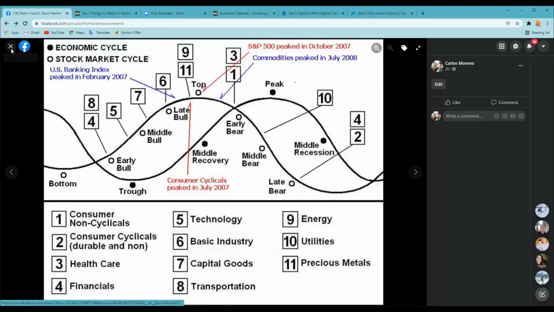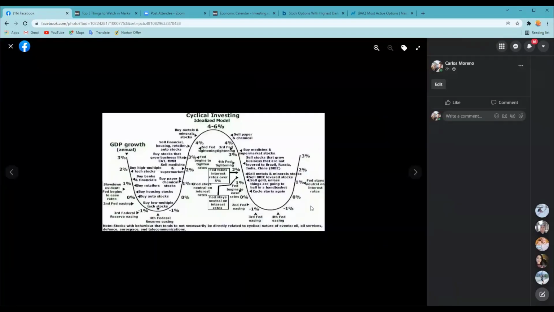But with that, I did post a couple other ones that are kind of valuable as well, because we have certain percentage things here. It talks a little bit more about buying housing stock. So at least this one does provide you some advice, which is pretty phenomenal. Buy auto stocks, and then you have here buy low multiple tech stocks, because we're on the bottom, 4th Federal Reserve easing, and then as it begins to come up, you'll start profiting from those tech stocks as they're on the bottom.